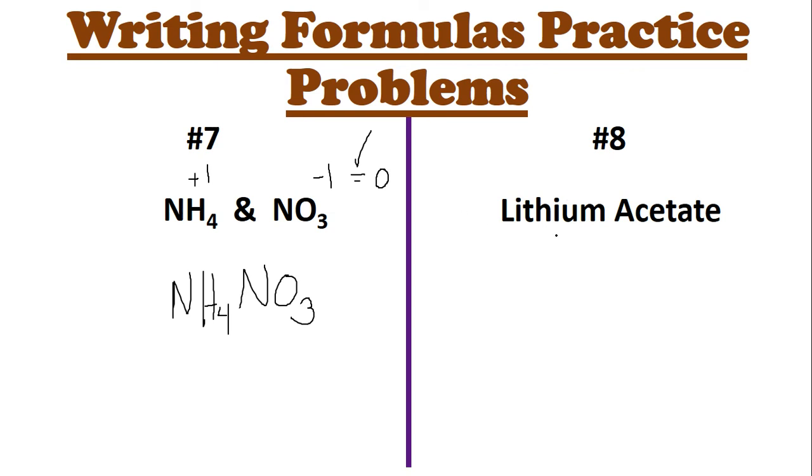I want you to pause the video real quick. I want you to try number 8 on your own. Hint, acetate is a polyatomic ion. Did you do it? All right, let's try it. First step is writing the symbols. So lithium is Li, acetate is C2H3O2.